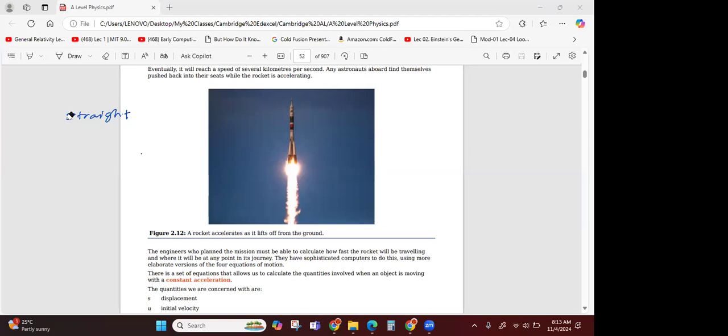Okay. So write separately, you can put a star and write: thus, the object will be in a straight line motion only if its acceleration is constant.